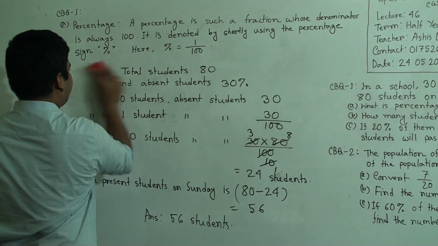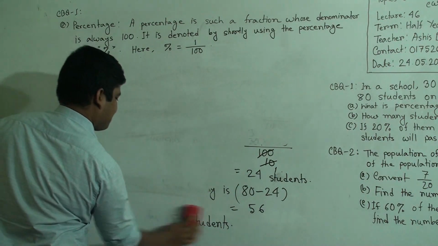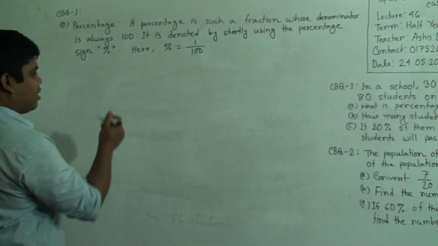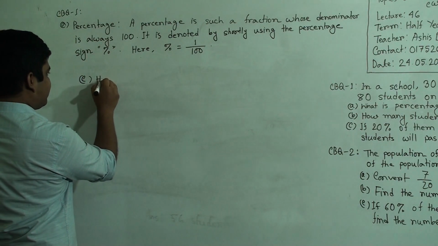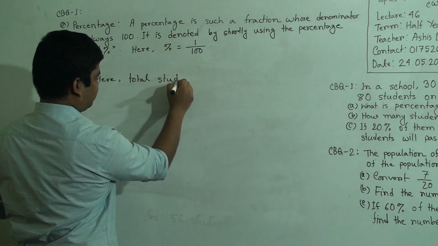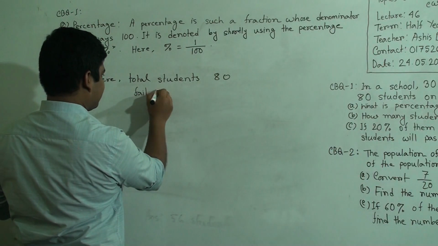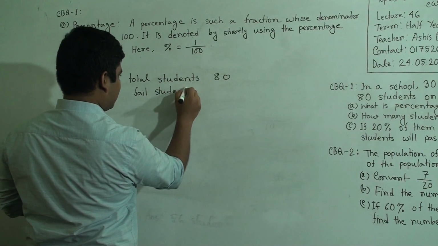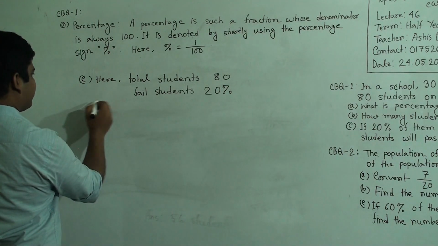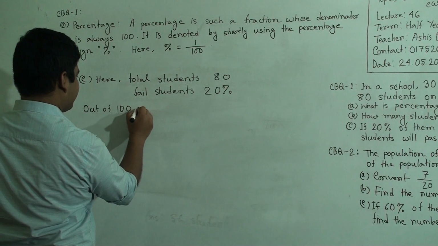Now we write question number C. Total students 80, fail students 20%.